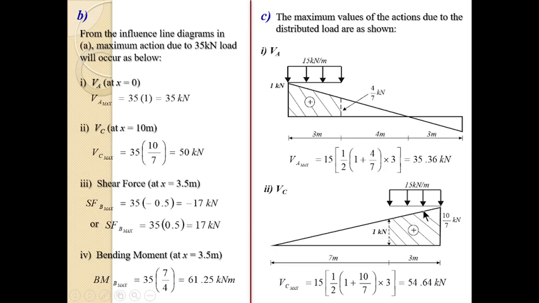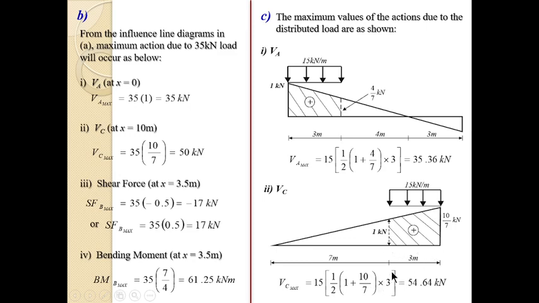So 3 meters. Again, we calculate the area of the shaded portion. We multiply it by the magnitude of the UDL. So this is a trapezium again, and the two parallel sides are 1 kilonewton and 10/7. So we do 1 plus 10/7. We multiply it by half, because the formula says half the sum of the two parallel sides times the distance, this distance, which is 3 meters.